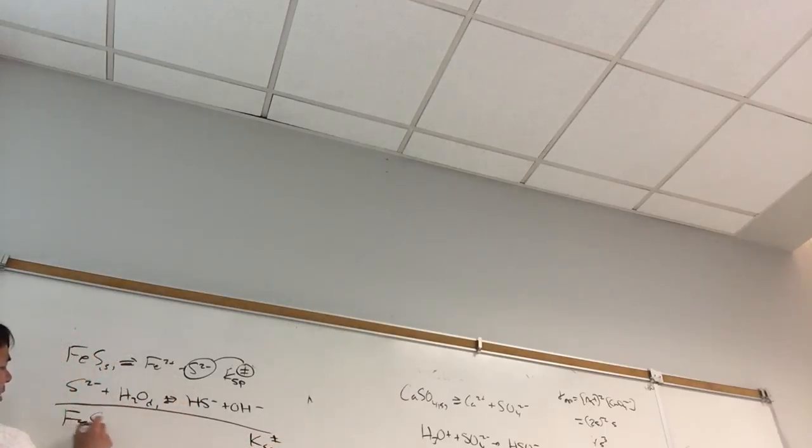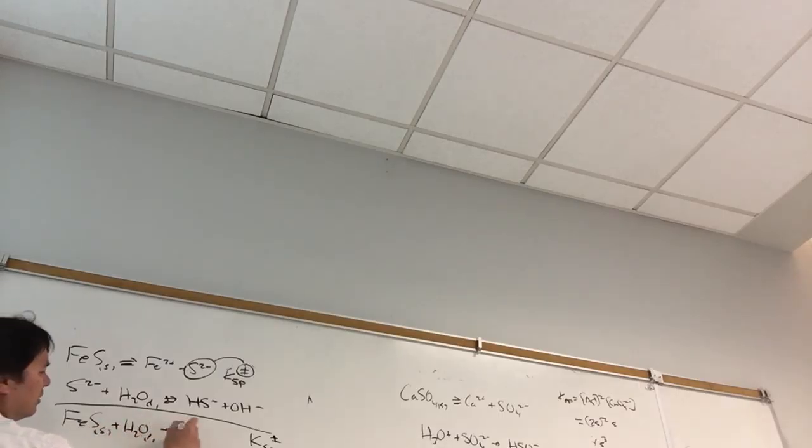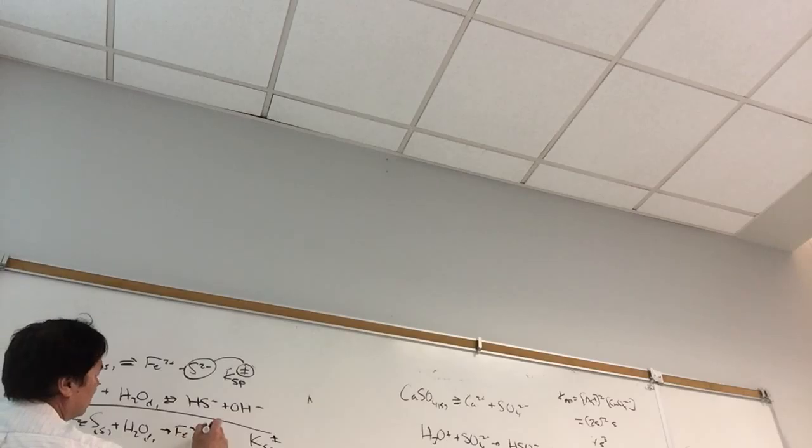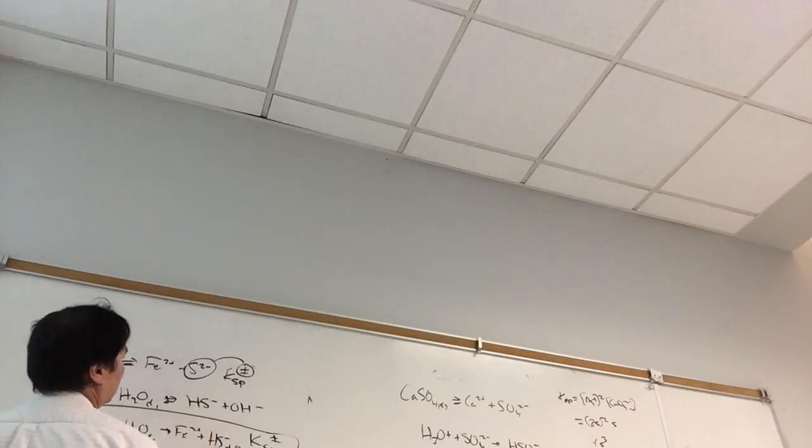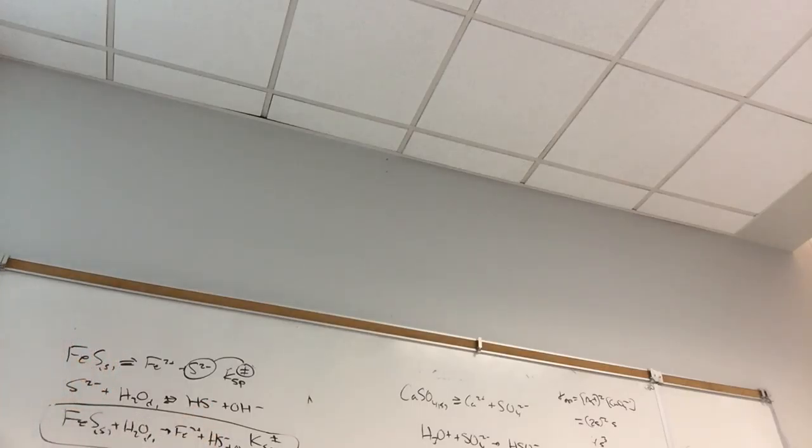It's just going to be FeS solid plus water yields Fe2+ plus HS minus plus OH minus. So that's the Ksp double dagger equation. This is not Ksp.